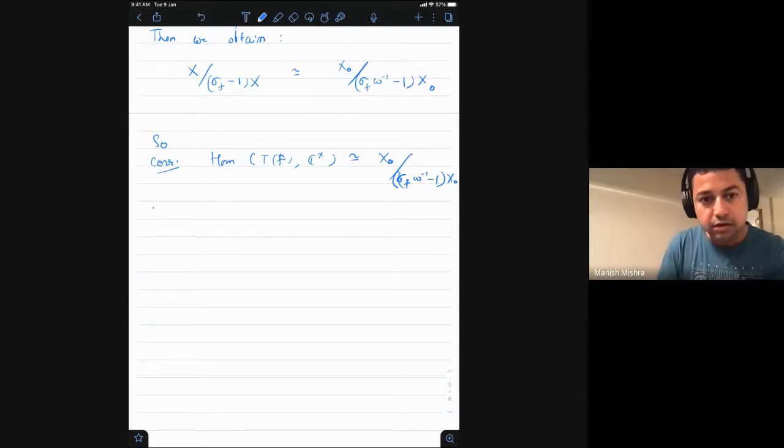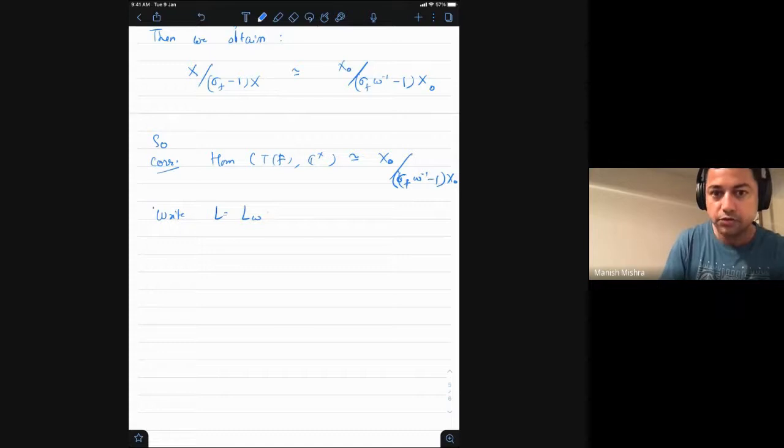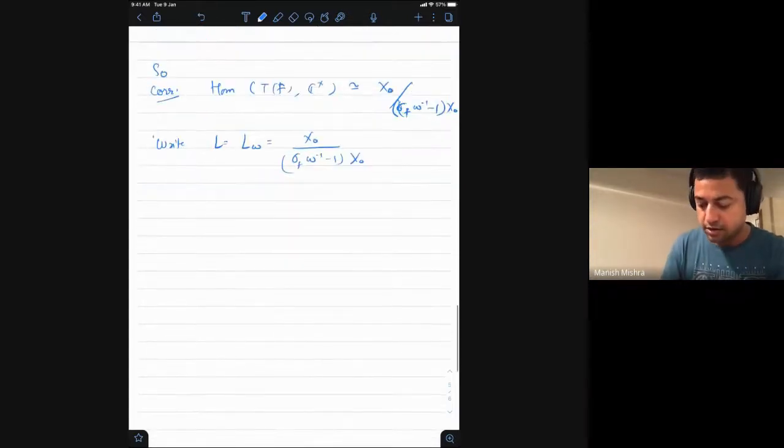Now we write L = L_omega = X_0 / (sigma_F omega inverse minus 1)X_0, and omega. Now I'm abusing notation and forgetting the old omega.